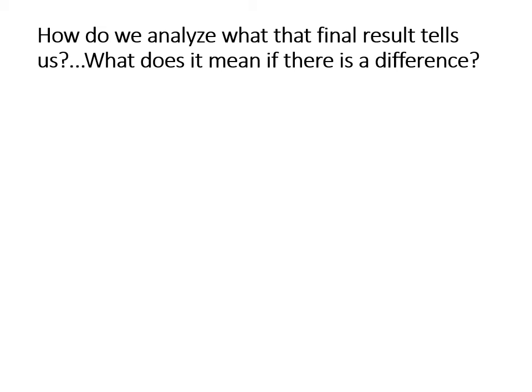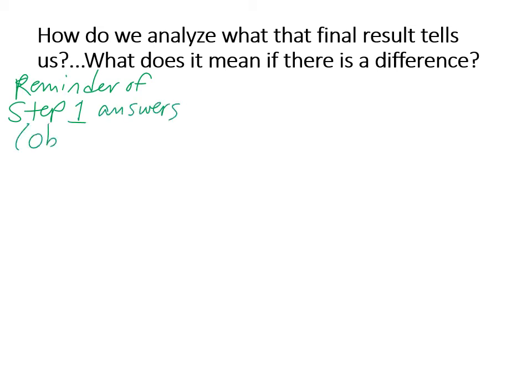So what we're going to do is I'm going to rewrite what we calculated on some of the other slides. Remember in step 1, so reminder of step 1 answers, which we said were our observed genotypes. Sorry, my handwriting is very sloppy today. Observed genotypes, okay?